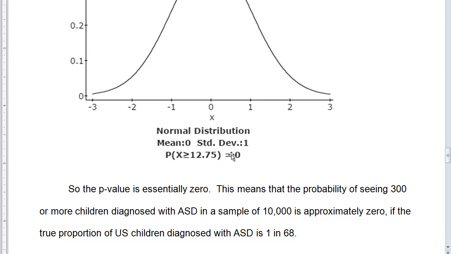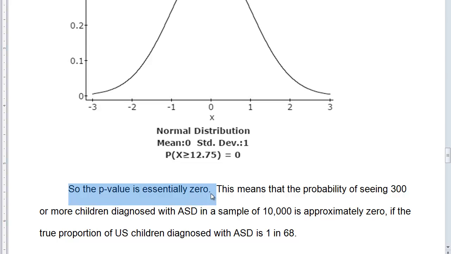And so the p-value is essentially 0. If you plugged it into Wolfram Alpha or a TI-84 calculator, it might actually give you a value in scientific notation that shows you that 1 in 10 quadrillion samples would be that far away.